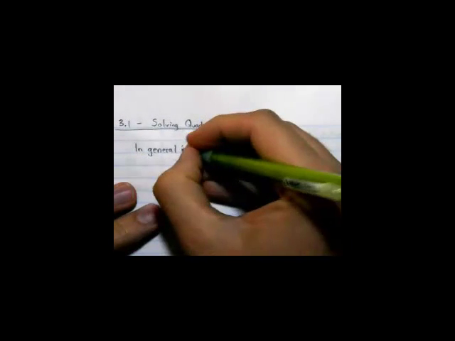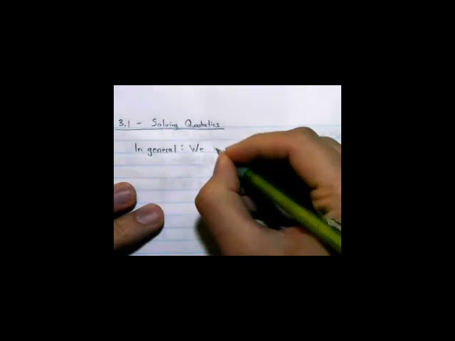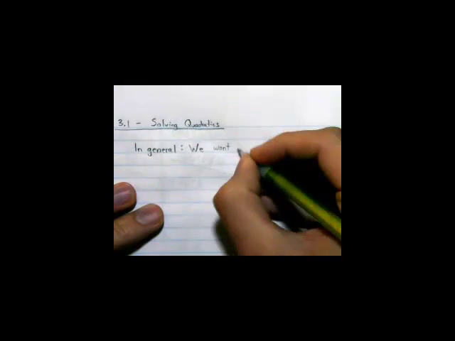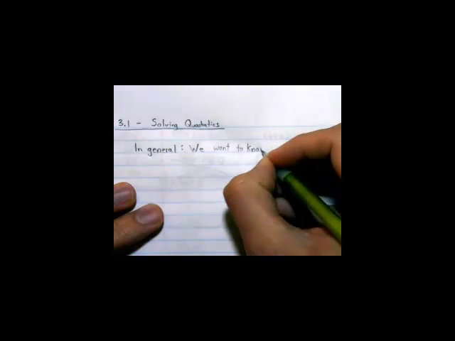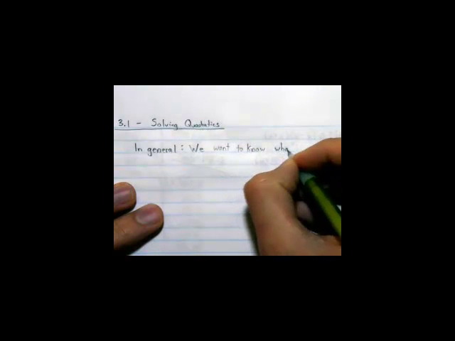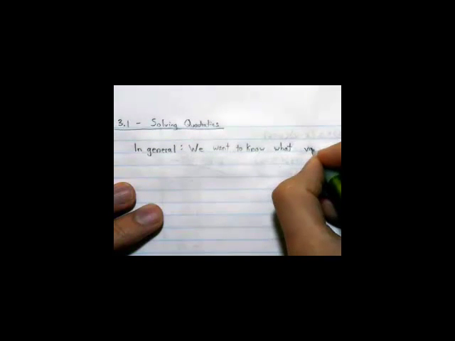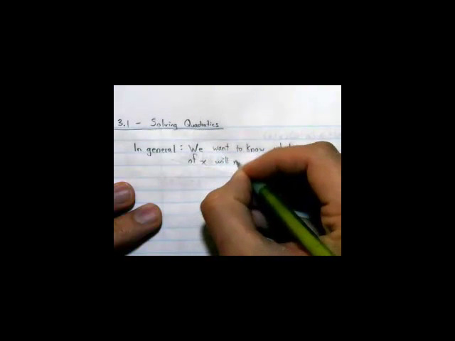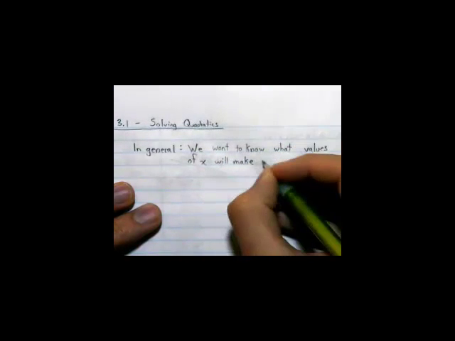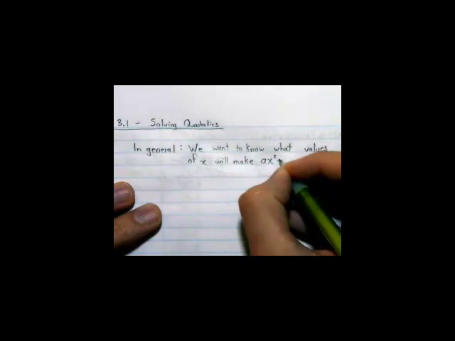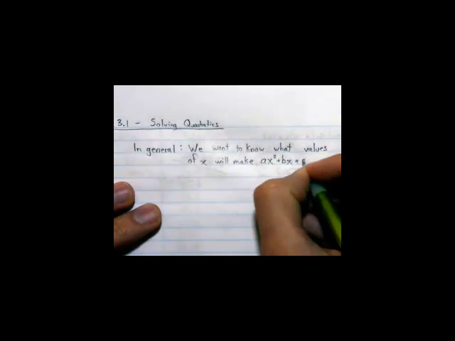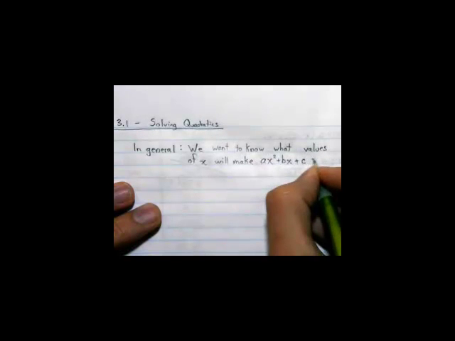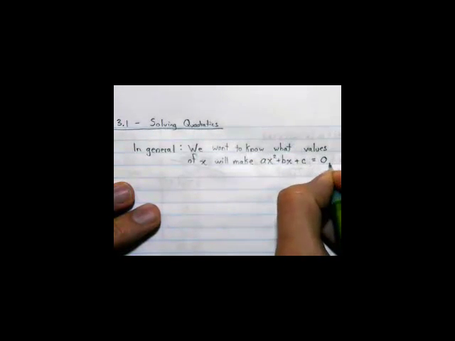Okay? So, but in general, what are we doing when we solve a quadratic? Well, what we want is to know what values of x will make ax squared plus bx plus c, so some quadratic, equal to 0.